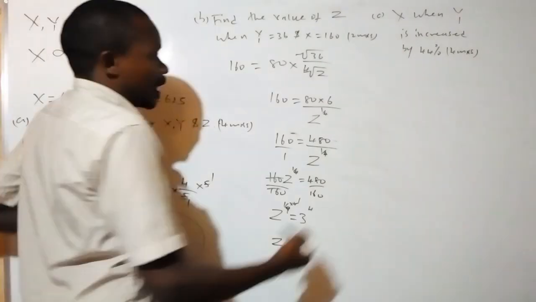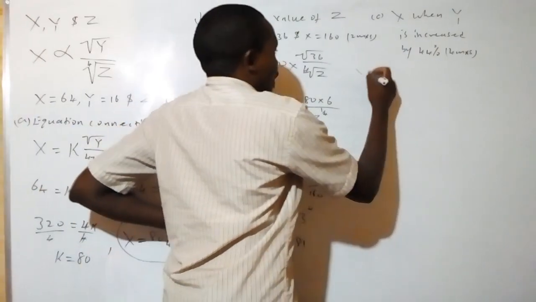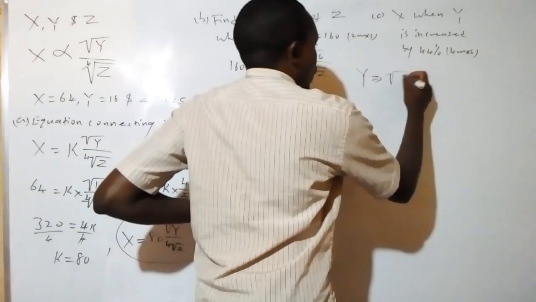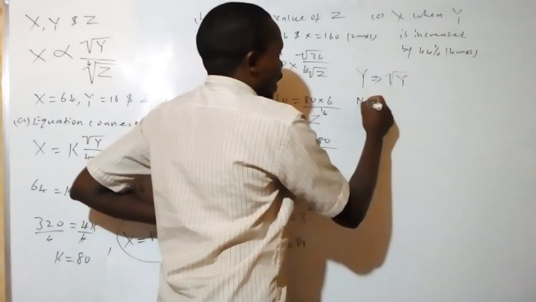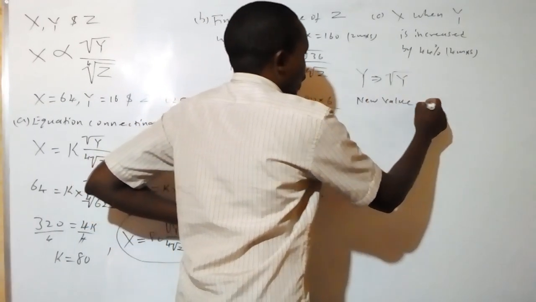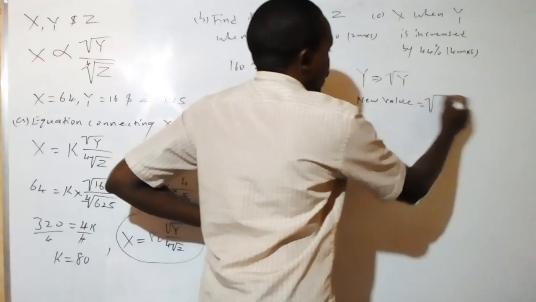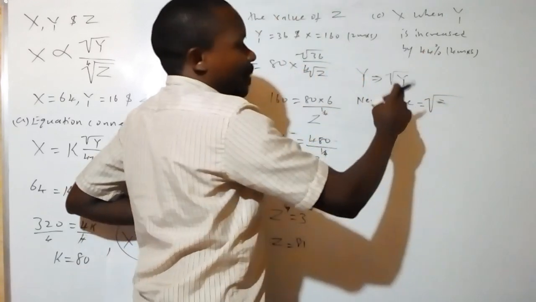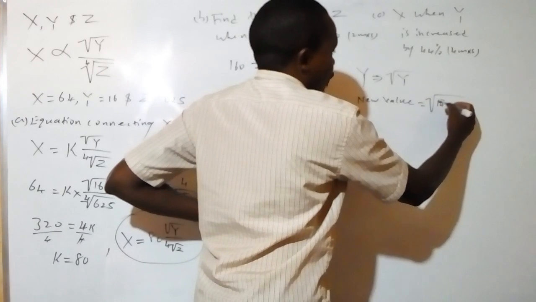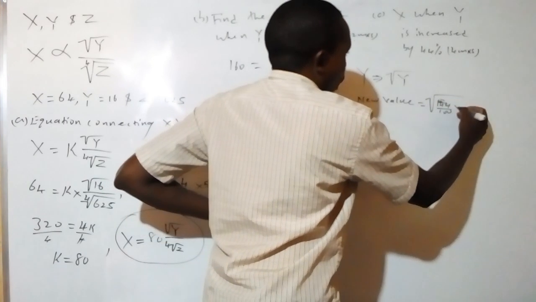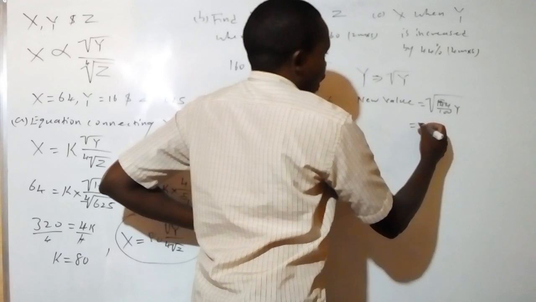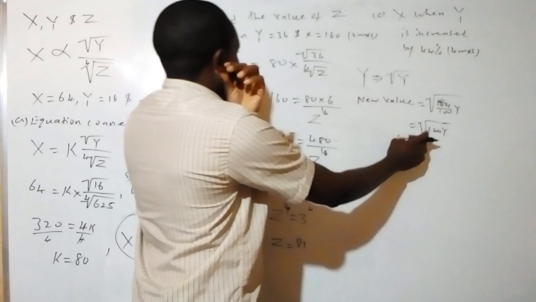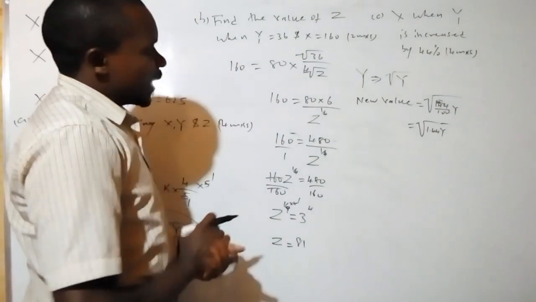Our initial value of Y was root Y. Since it has been increased, the new value is going to be the square root of 100 plus 44, which is 144, all of 100 Y. This value will be root of 144 Y. This is our new value of Y.